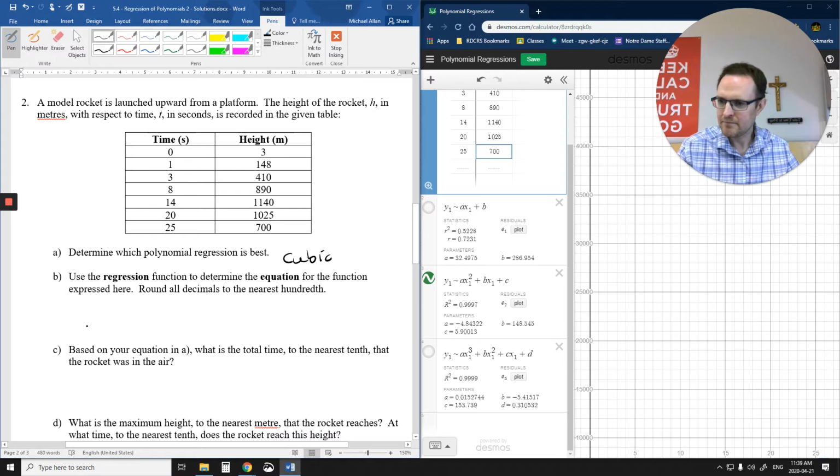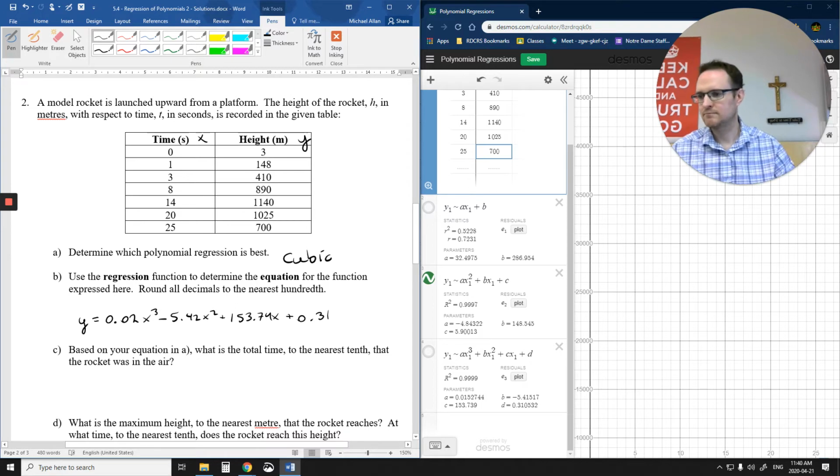Okay. Now the equation is a little bit trickier. I'm just going to call this x and y. Y is equal to, to the nearest hundredth, 0.02x cubed, so that's ax cubed, plus bx squared, where b is negative here, then plus cx, plus d.